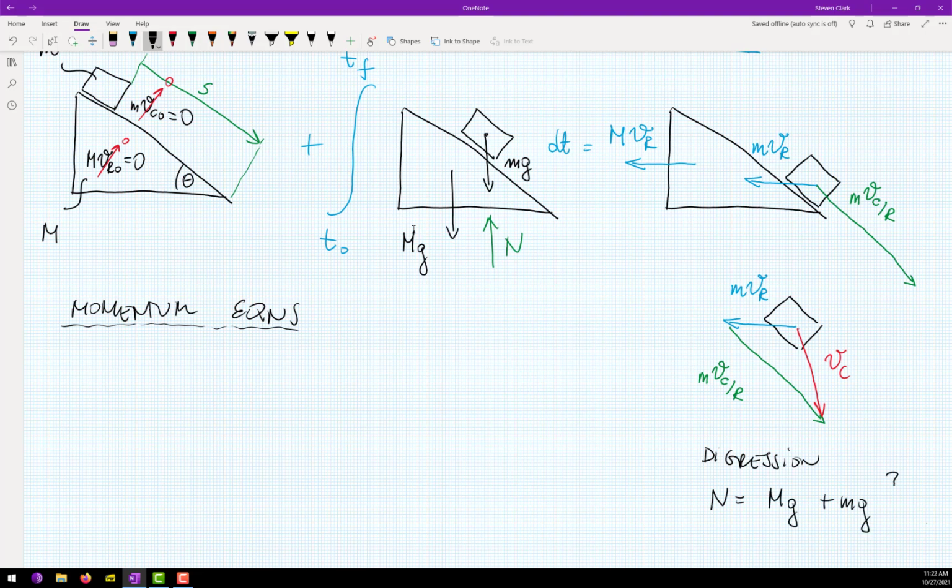Is this true? And who thinks that it is not true? Spoiler: if you say that it's not true, I will ask you why. So be ready for that. Anybody want to tell me why this is not true?